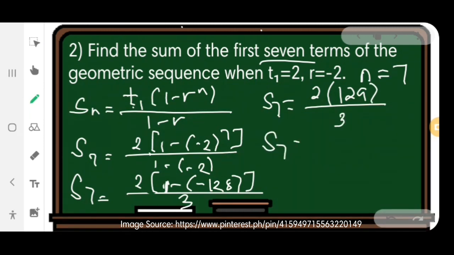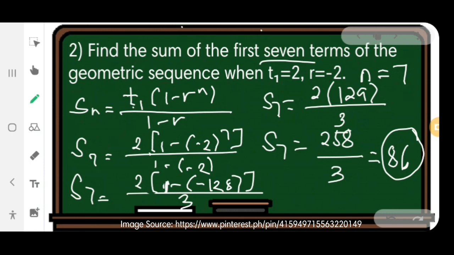So S sub 7 is equal to 2 times 129, that is equal to 258 divided by 3. 258 divided by 3 is equal to 86.